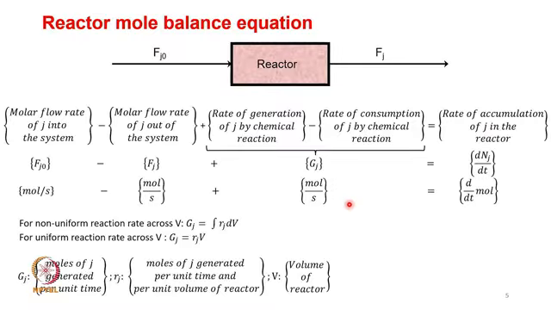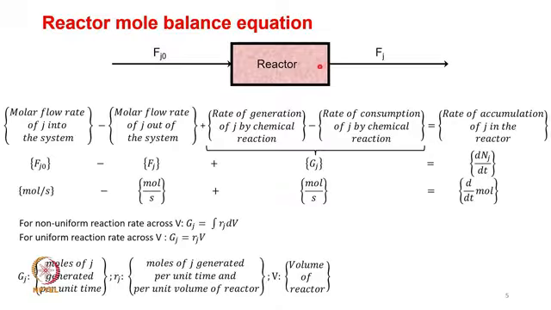So let's go back to the basics to understand how the mole balance equation in the reactor works. Let's assume that we have a reactor here, with a molar flow Fj0 going inside, and the reaction takes place, and you are taking out a molar flow rate of Fj.